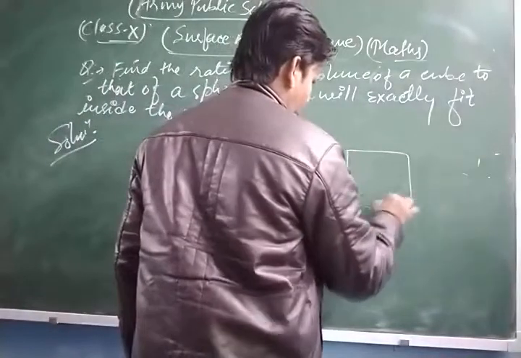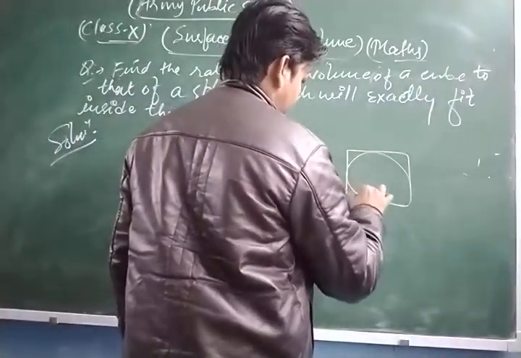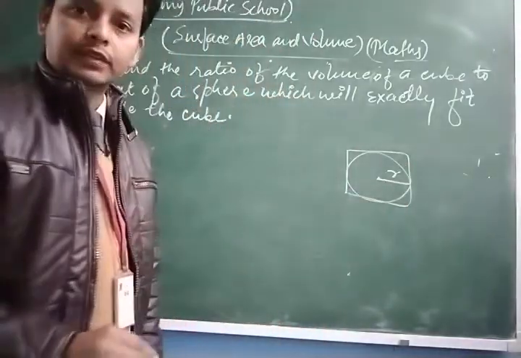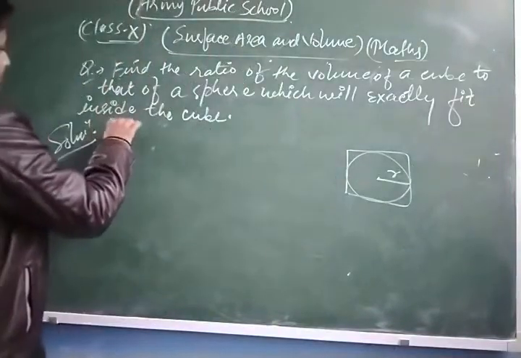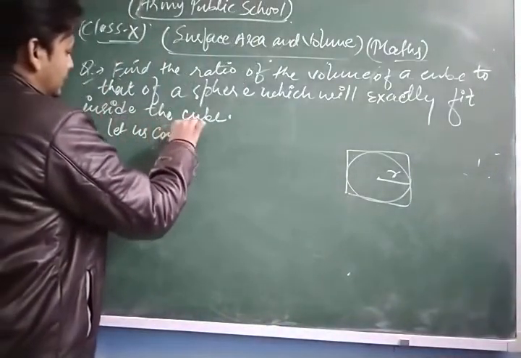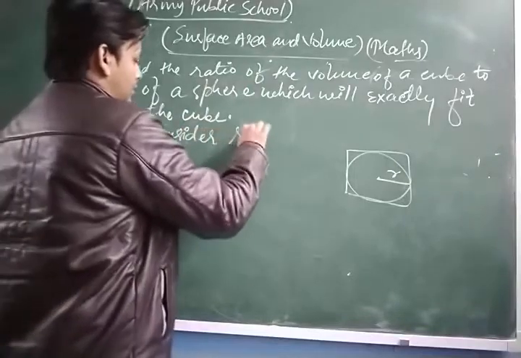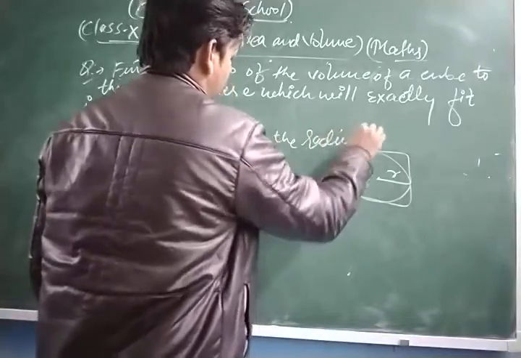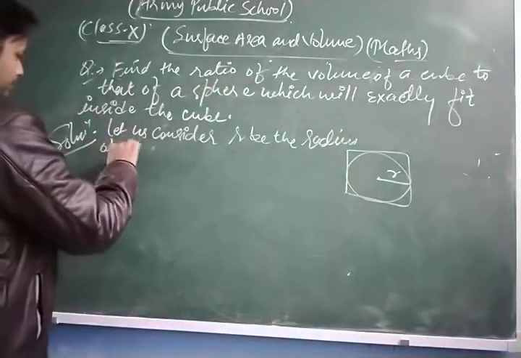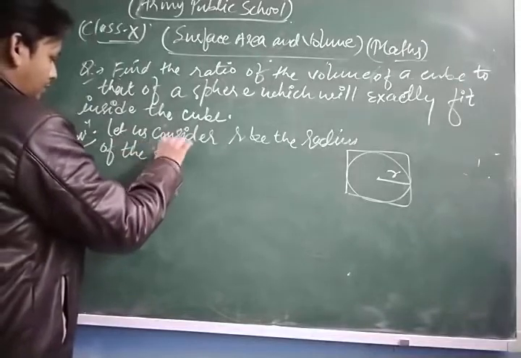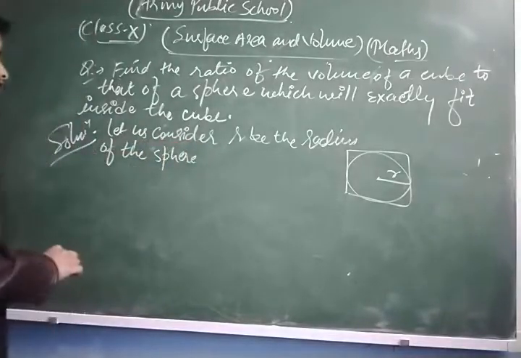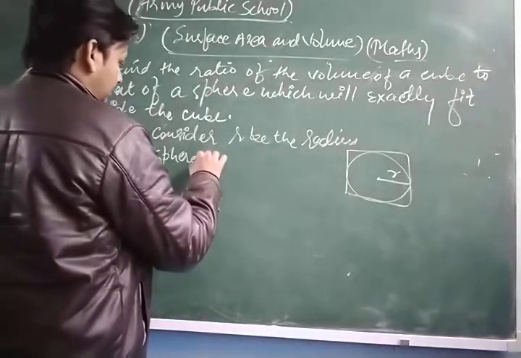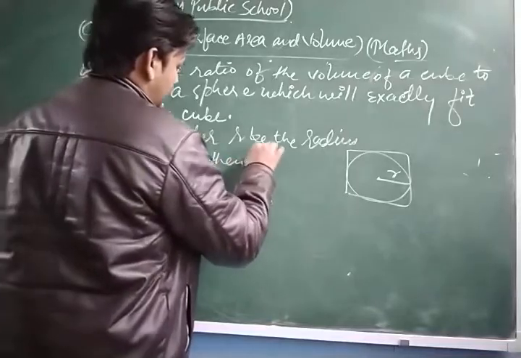Suppose this is the cube and this is the sphere. Let R be the radius of the sphere.